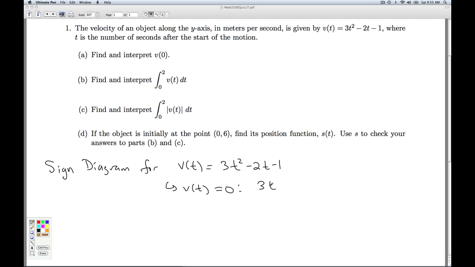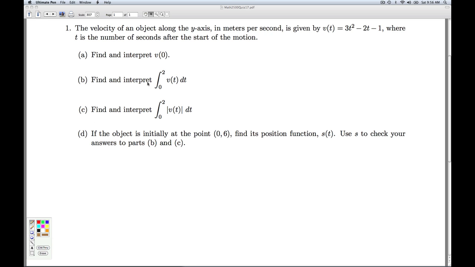So I get 3t squared minus 2t minus 1 is 0. And I attempt to factor that. And if I factor it, 3t plus 1 times t minus 1, that works. So I get t equals negative 1/3, and then t equals 1. So I'm going to use these and make a sign diagram.